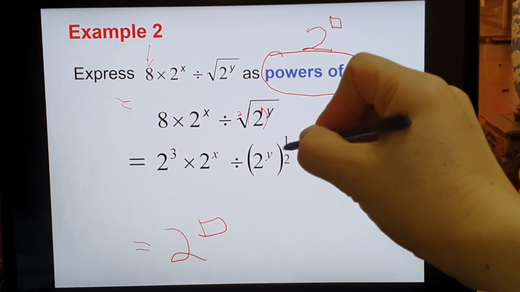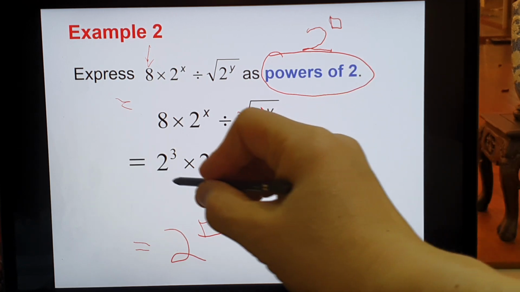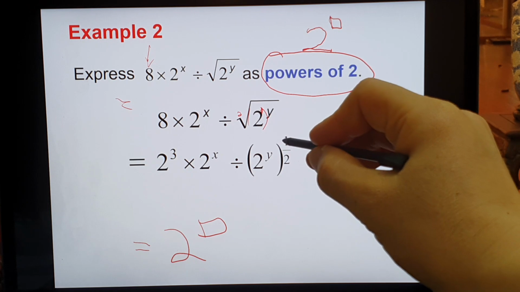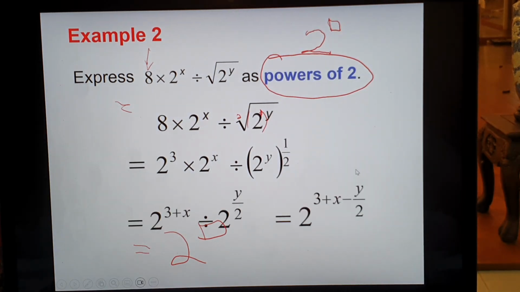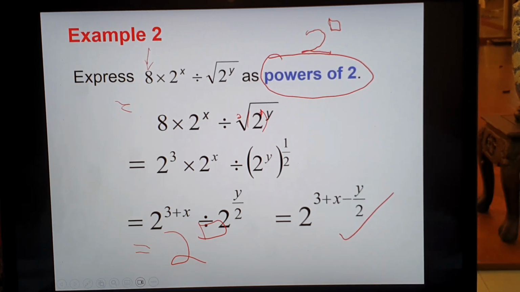So 1 over 2, that's why it's half times y. So it's just half y. So it's just this plus this minus this power. Okay, so your final answer is this one. So that's how you do this particular question.